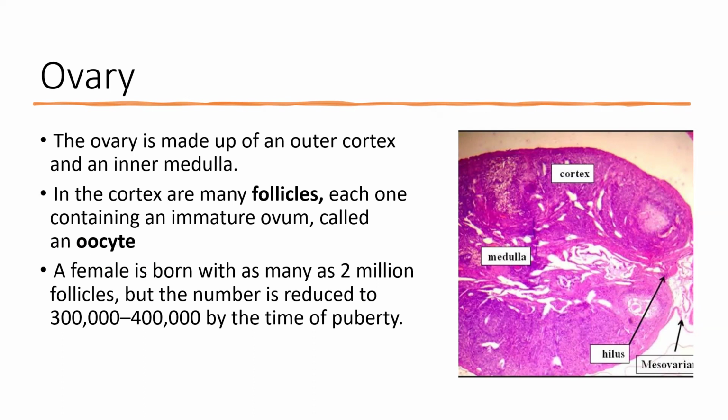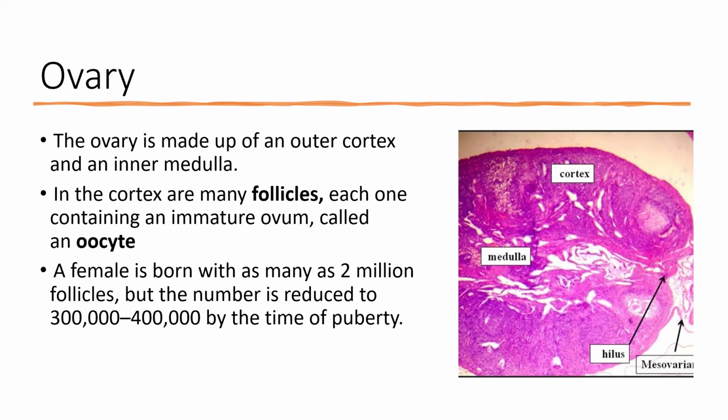That's really big. The female is born with as many as 2 million follicles, but the number is reduced to about 300,000 to 400,000 by the time of puberty. And these follicles are what's going to eventually become the egg, right? Remember, the meiosis process starts as early as when the female is still in the mother's body.